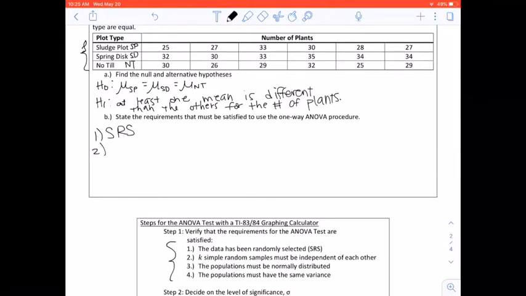Second thing is that we have to have independent samples. The third thing that we have is that the populations must be normally distributed.